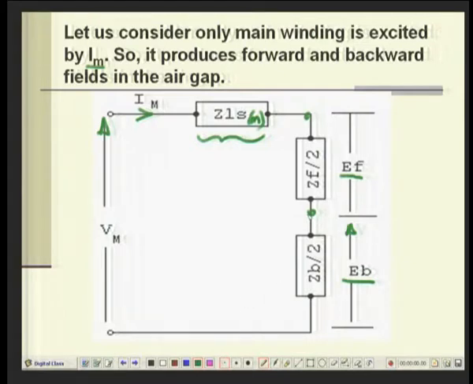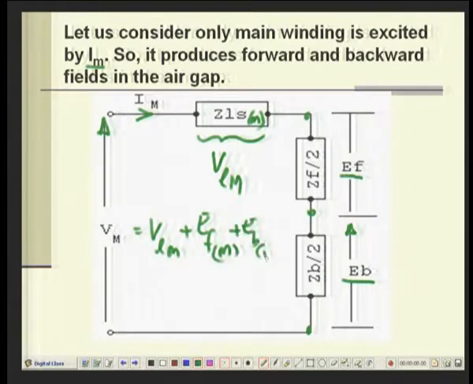EF is proportional to Im into Zf by 2, and EB is Im into Zb by 2. So the voltage you apply will be the leakage drop plus this: Vm equals VLm plus EFm plus EBm. Is it clear?